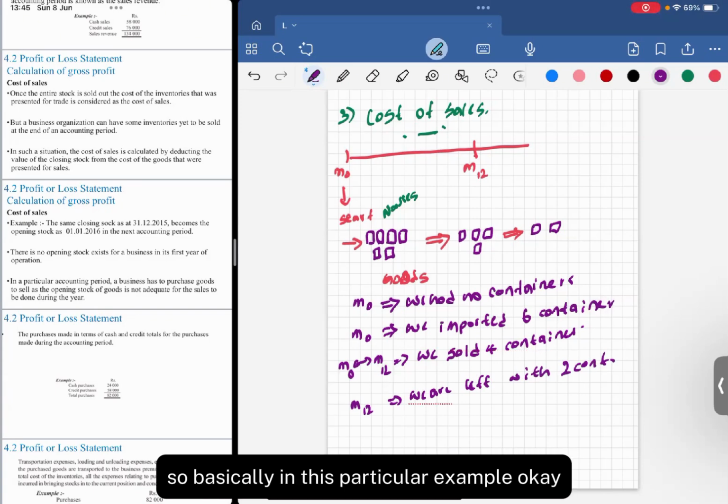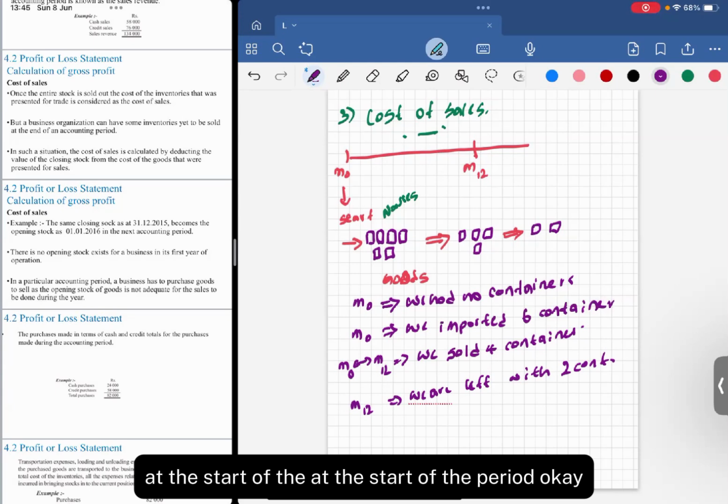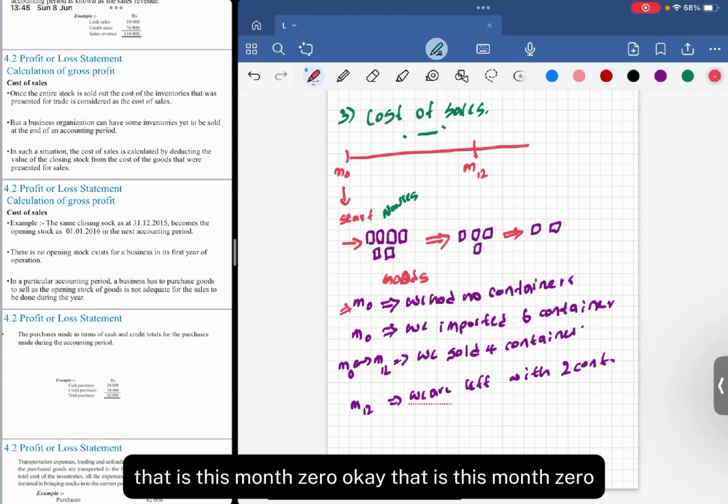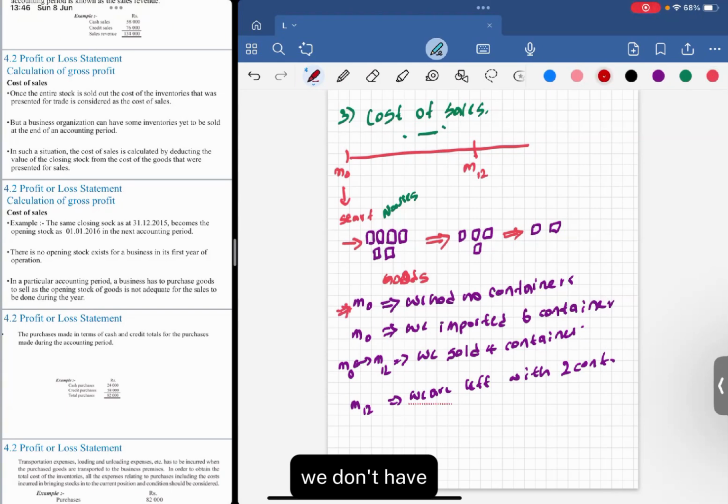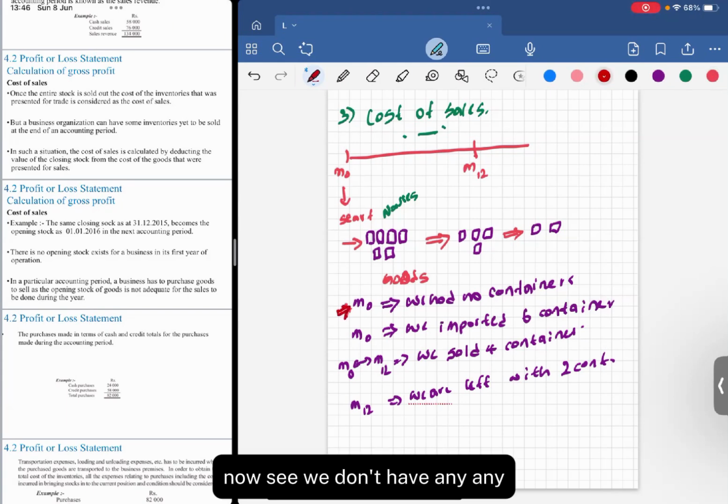Now this is what has happened. So in this particular example, at the start of the period, that is this month 0, we don't have any containers. At the month 0 we had no containers.